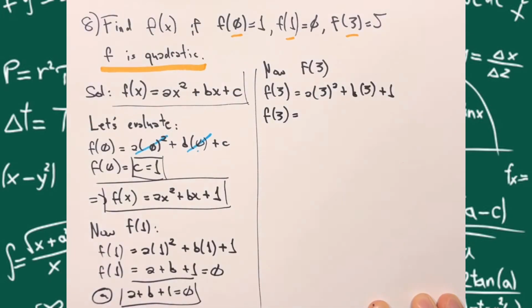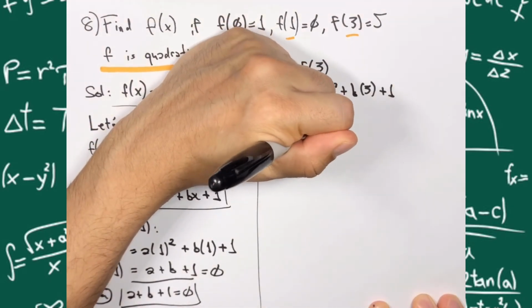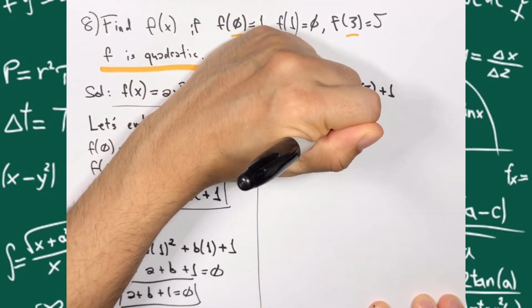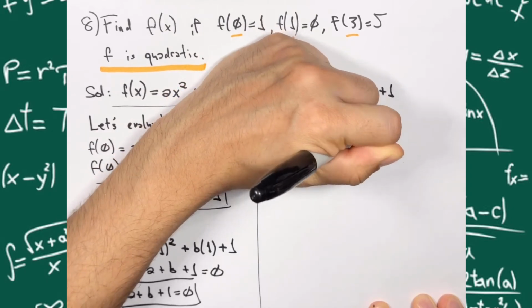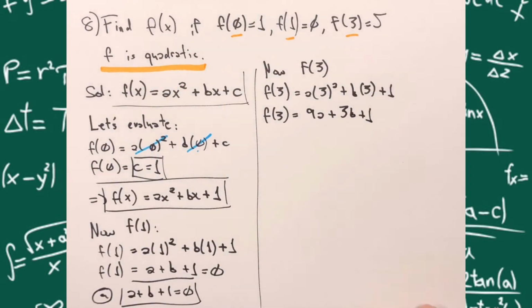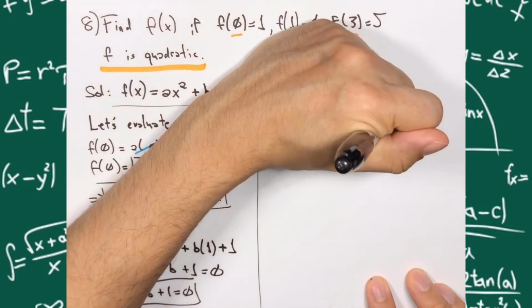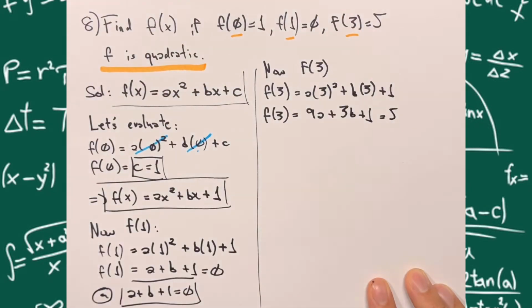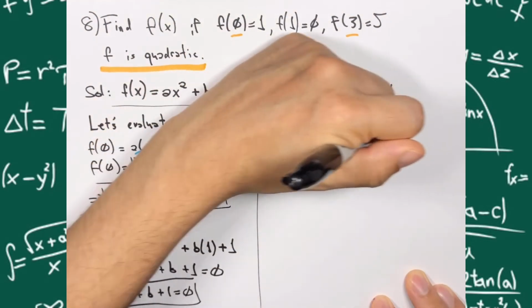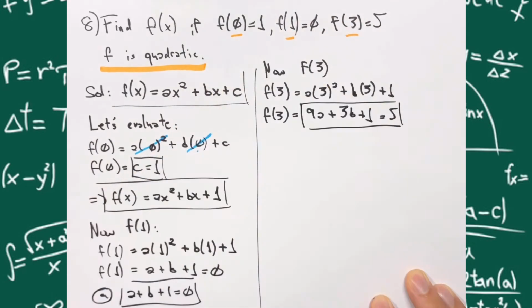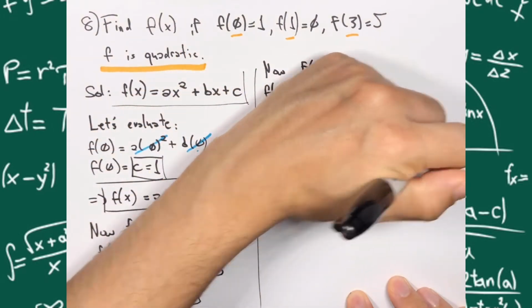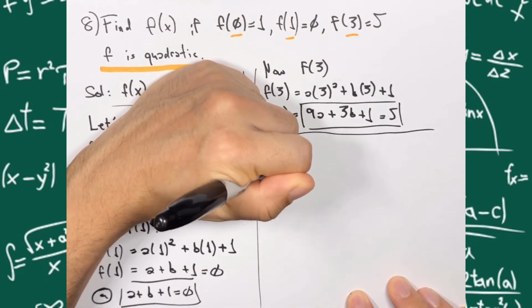Therefore, f of 3 is going to be equal to 9a plus 3b plus 1. And just like we did before, f of 3 also equals 5. So we make this equal to 5. Therefore, 9a plus 3b plus 1 equals 5. This right here is going to be our second equation for the system of equations that we're going to use to solve the problem. So we put this aside.